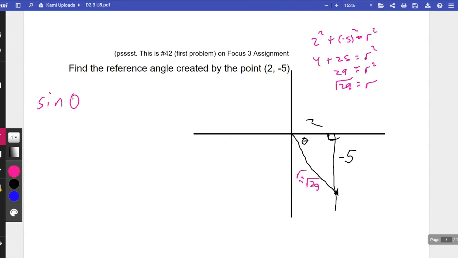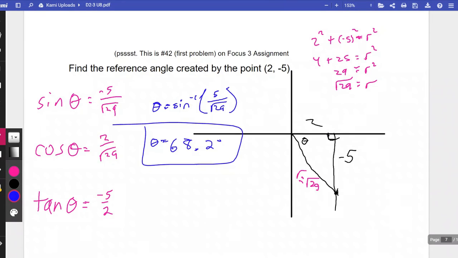Three trig functions. All right, I'll pause the video here and then start recording once I finish it off, but you should be able to do the rest. Okay, one moment. There.